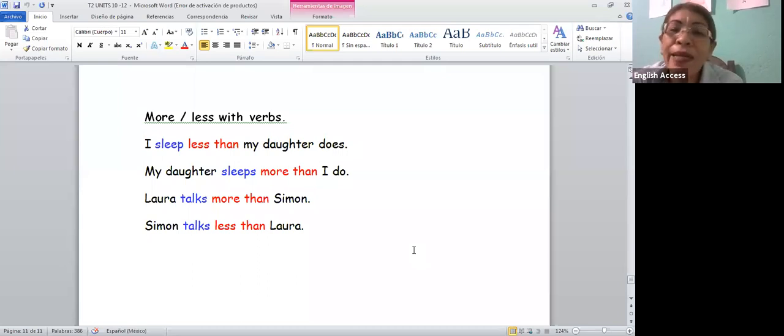I'm comparing an activity, remember. Laura talks more than Simon. So Simon talks less than Laura. Remember, we're comparing what? An activity. We have a verb. That's why we're going to use more or less.